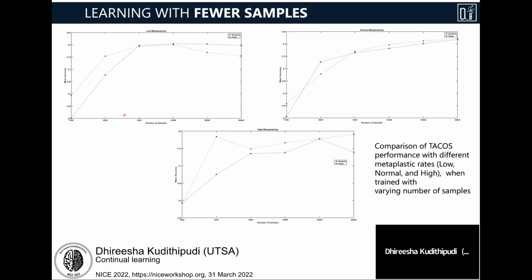And it shows some interesting results on how the model works with an increasing number of samples with different metaplasticity rates. When the metaplasticity is high, low, or normal, how the performance varies with fewer samples versus higher samples. Again, we are still really exploring this, and I think this would be a better way to scale the model for an increasing number of tasks.